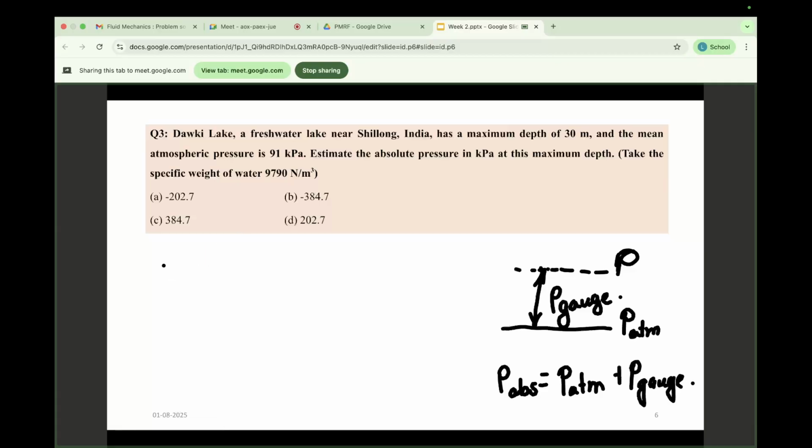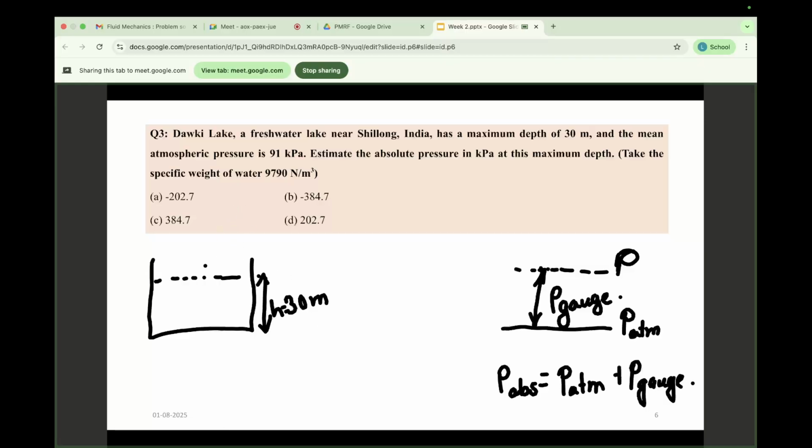Say in this question, what is given? I represent this as the lake, which has a maximum depth of 30 meter. So it basically is the height, h equal to 30 is given.